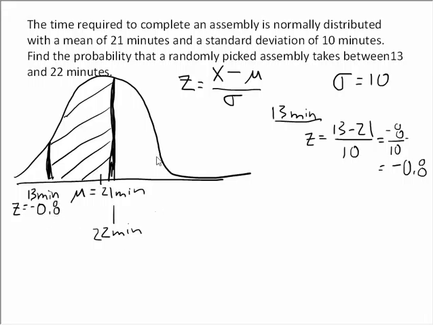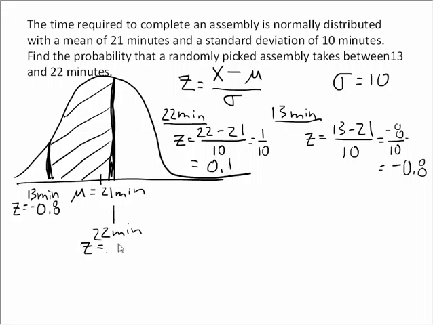How about the 22 minutes? I'm going to run out of room here. z is equal to x, 22, minus the mean, 21, over the standard deviation, and that's equal to 1/10, or 0.1. So the 22-minute value corresponds to a z value of 0.1.